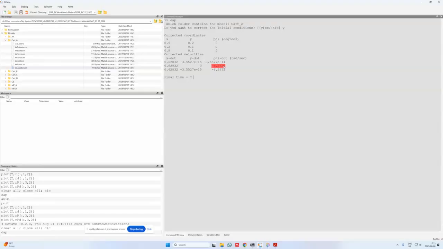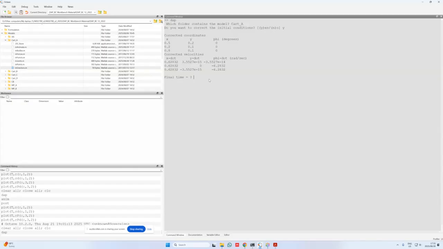If you go and relate this minus 6.2832 to the radians values, this will simply be equal to minus 2 pi radians. So this is exactly what we gave as input as a driver constraint to the system. Constant angular velocity of minus 2 pi radians per second, and DAP-BC was able to correct accordingly.